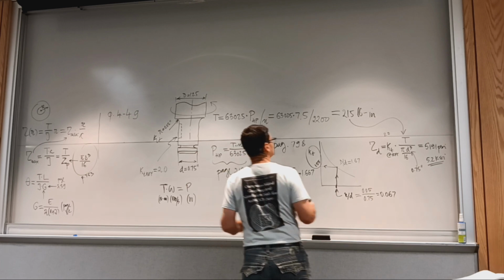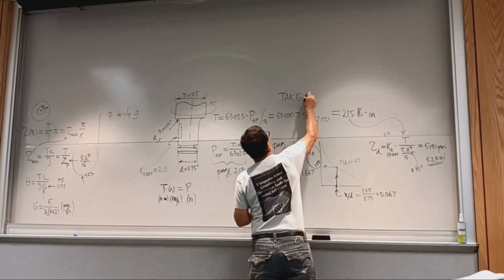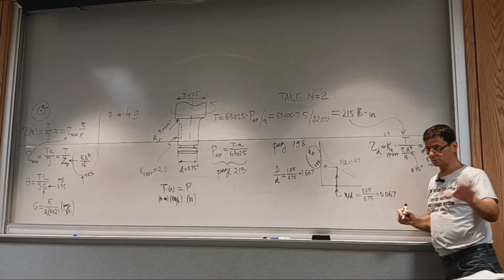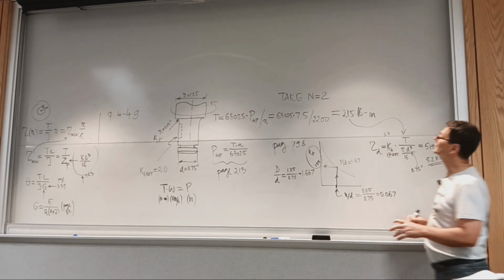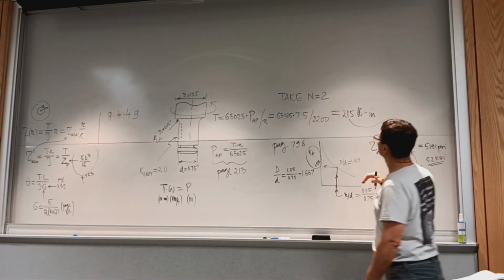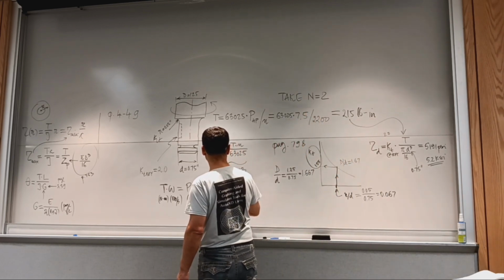So we can assume the common value n equals 2 design factor, with the caveat that it might go on the overloading side.